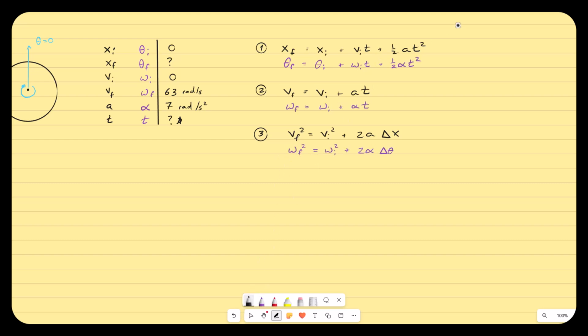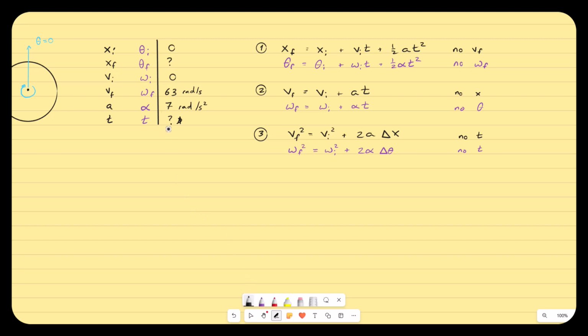For this first one, I didn't have V final. Second one, I didn't have X. Third one, I didn't have time. So now the rotational version. No final rotational speed, no rotational position, and still no time. And that's a good place for me to start.